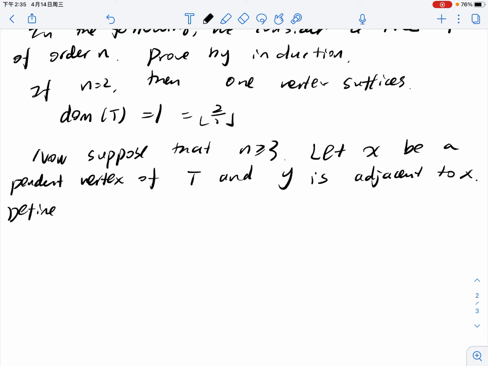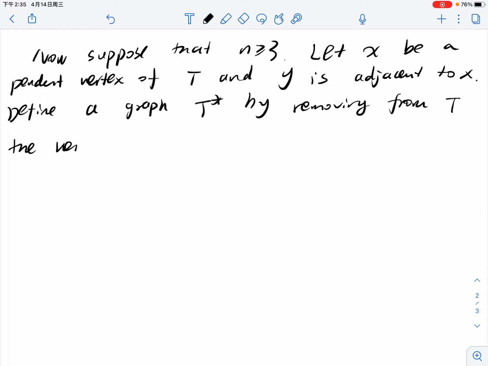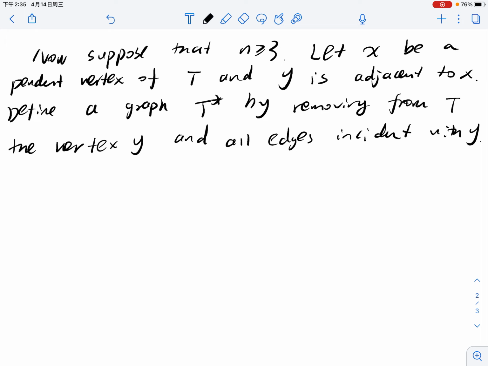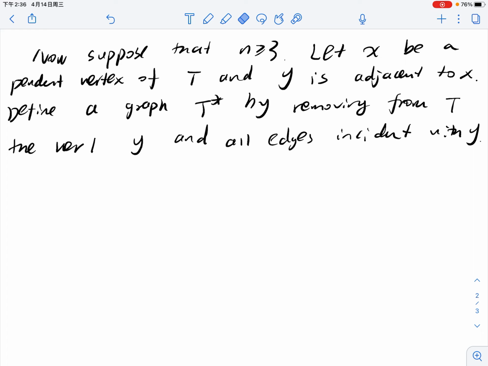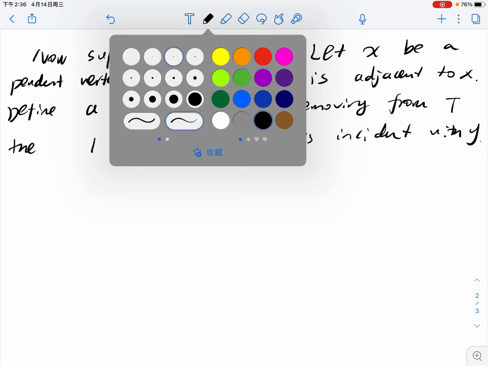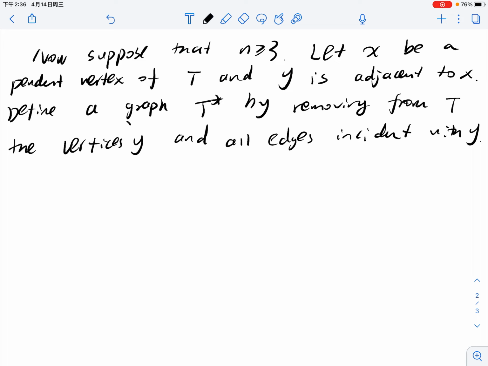Define a graph T star by removing from T the vertex y and all edges incident with y.